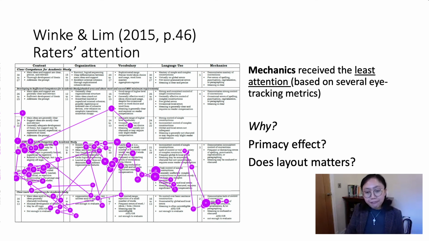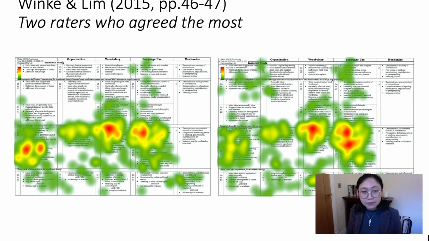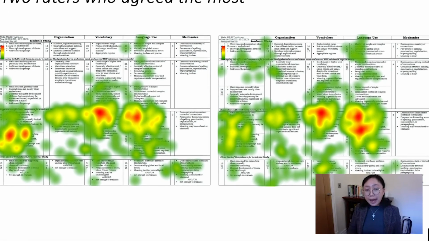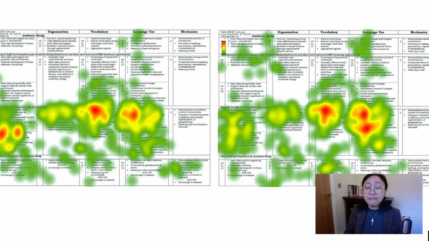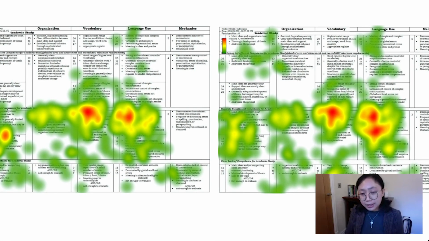Another thing they found using eye tracking was that two raters who agreed the most actually displayed very similar eye tracking patterns or traces. And two raters who agreed the least, conversely, displayed really, really different patterns of eye traces.